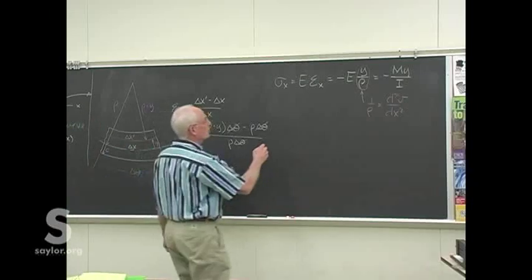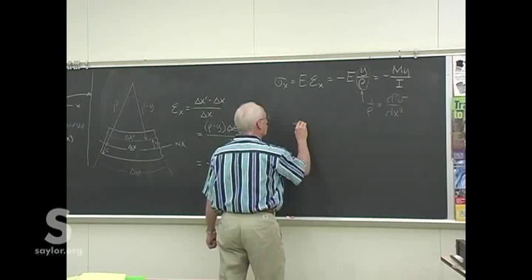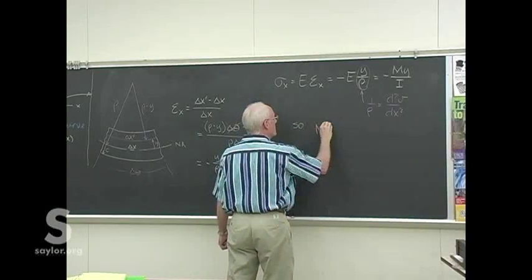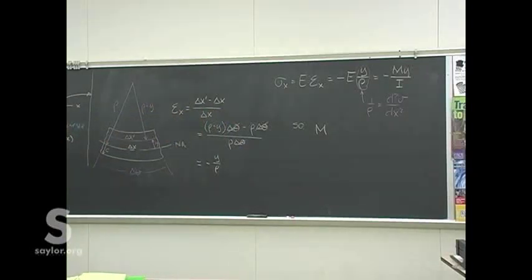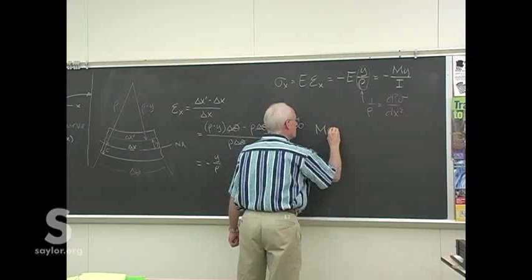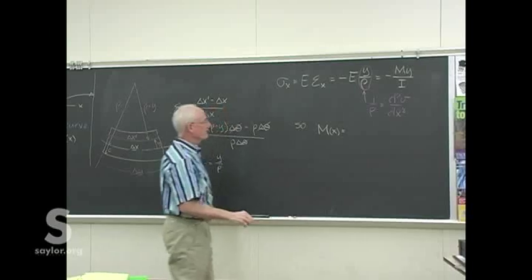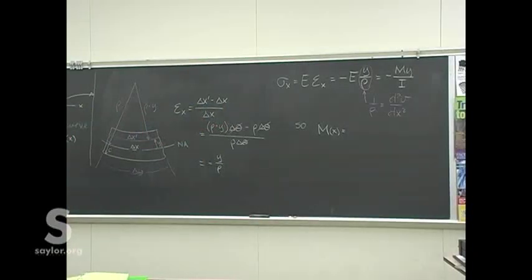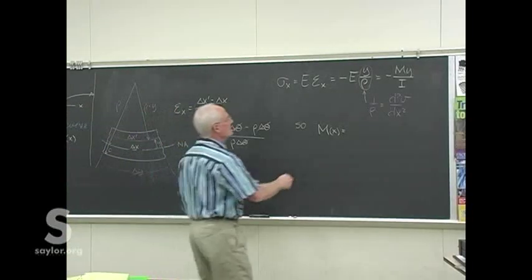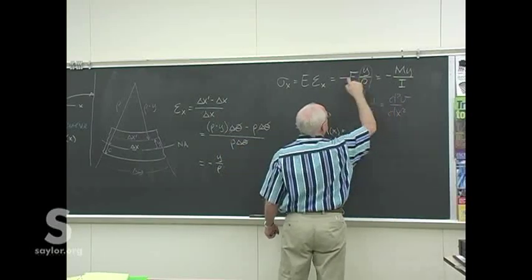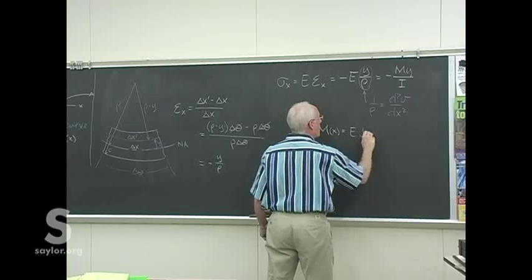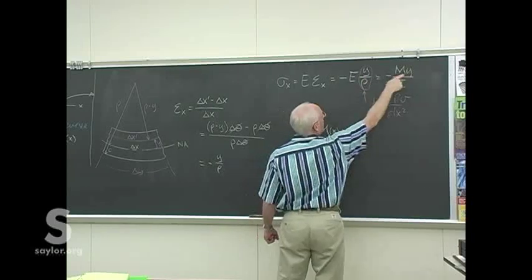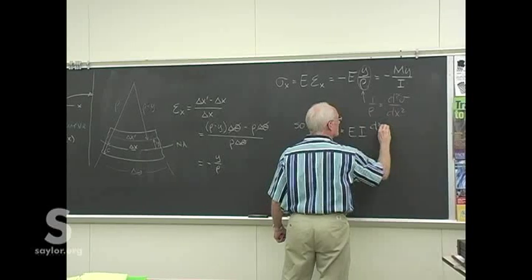All right, so let me rearrange things a little bit. So M, the moment, which remember is itself a function of x, changes down the beam. In fact, maybe we'll put that in just to remind us. The moment as we go down the beam is now, the minus signs cancel, we have E times I, and the y's cancel, times the second derivative.